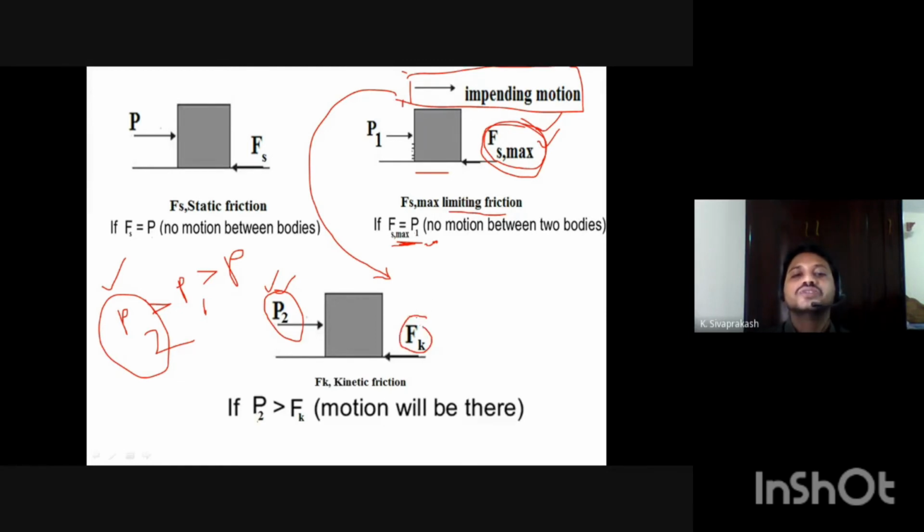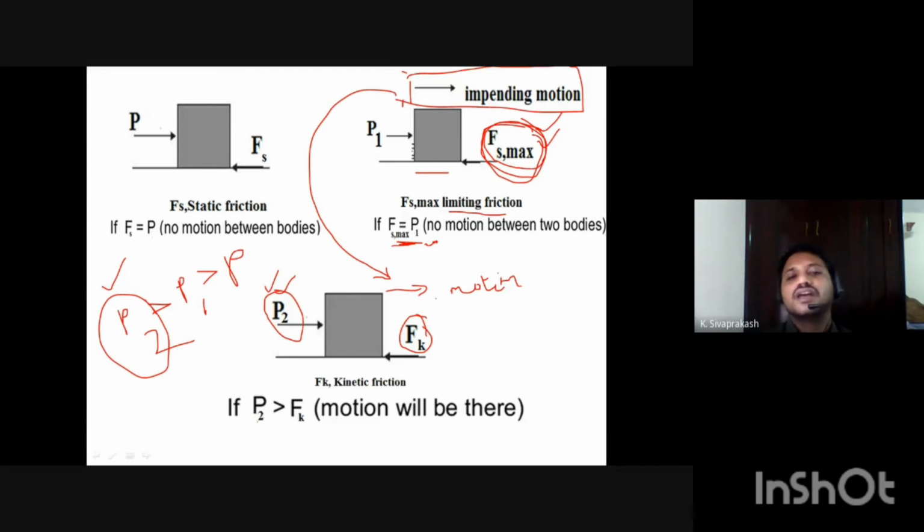The reduced value and the resulting motion of the body is known as impending motion, at the start beyond the limiting friction value. After reaching the limiting friction value, the frictional value will not increase to withstand the external force.